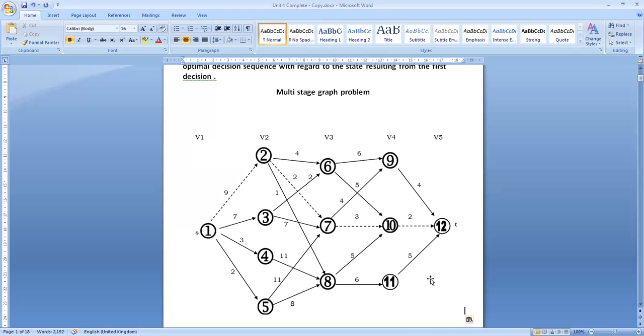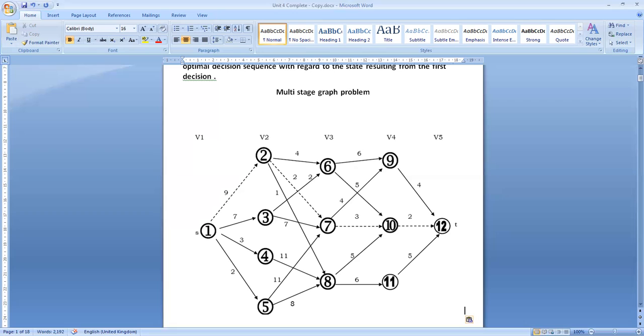Here, stage 1, stage 2, stage 3, stage 4, stage 5. 5 stages are here, so 5 minus 2 is equal to 3 decisions. Like that, if a graph is made up of 10 stages, then to go from the first vertex to the last vertex, 10 minus 2 is equal to 8 decisions have to be taken.